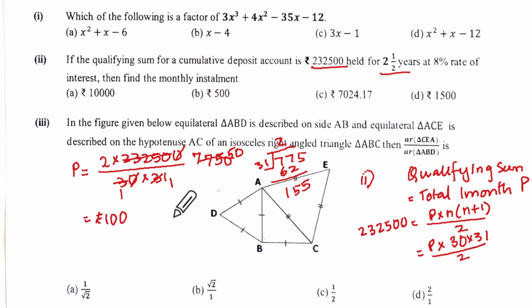Oh, sorry, this is 250 into 2. Ma'am, 7750 goes 250 times. It's not 50, it's 250. 250 times, see what a silly mistake I made. 250 into this thing, so that is 500.